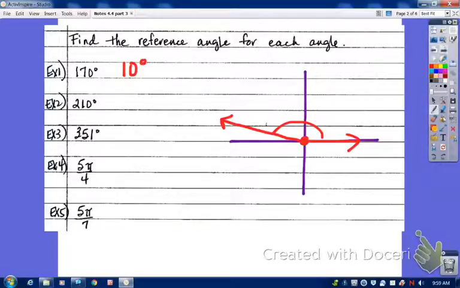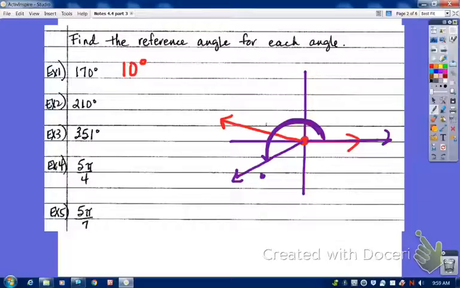210, let's think about where 210 is. 210 is in what quadrant? 3. So 210, what's right here in the middle? 225. Okay, so it's going to be a little bit less than that. Y'all with me? Just kind of estimating. All right, so this is at 225.